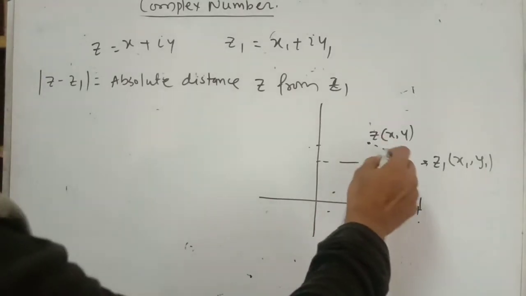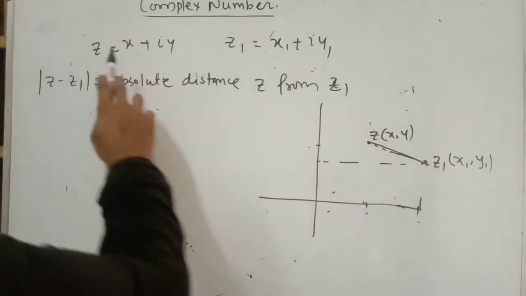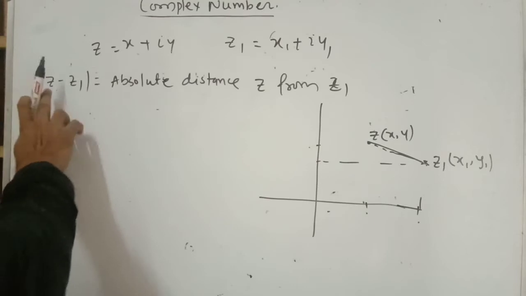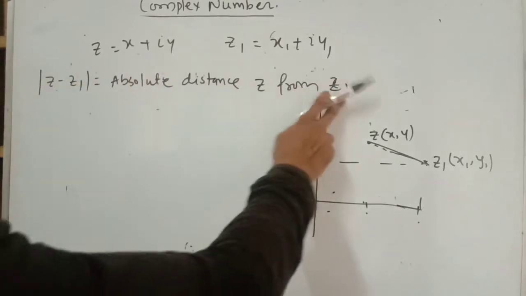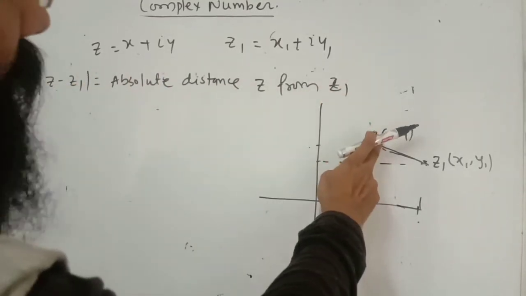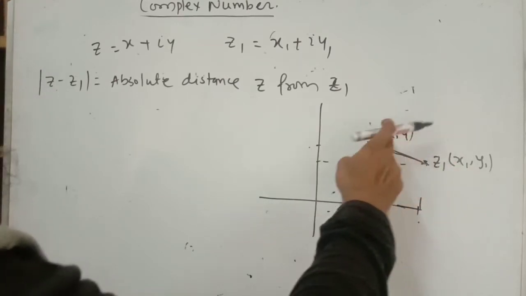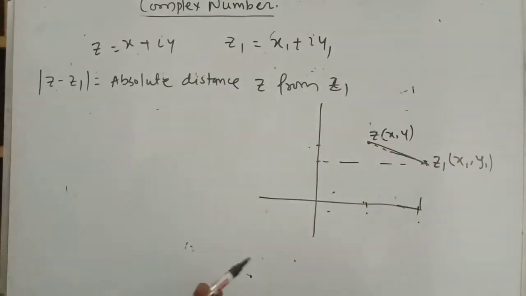So how can we find this distance? I already told you the meaning of this: the absolute distance of z from z1. So find the distance of z from z1. We already have the coordinates of both complex numbers, so we use the distance formula already studied in class 10. When you are given 2 points, you find the distance between them using the distance formula.